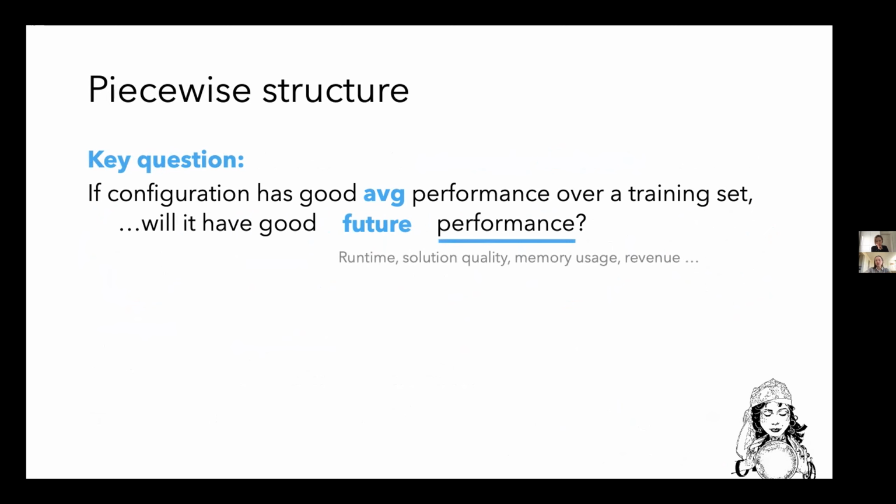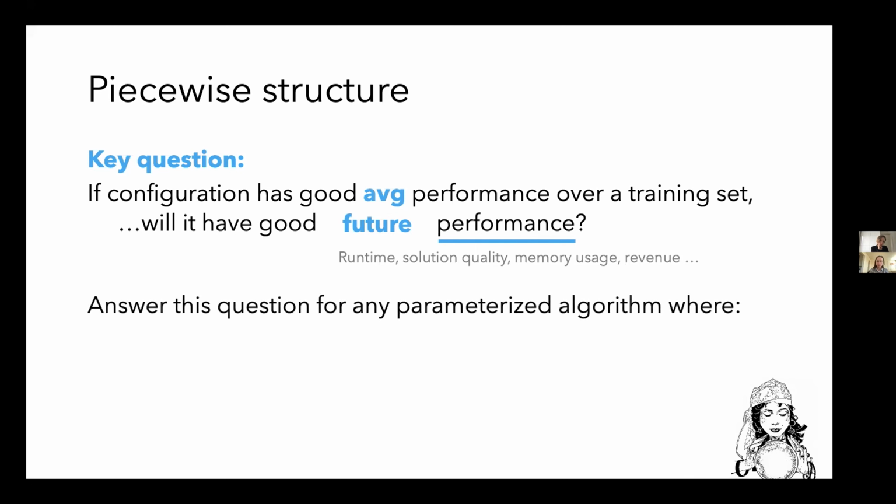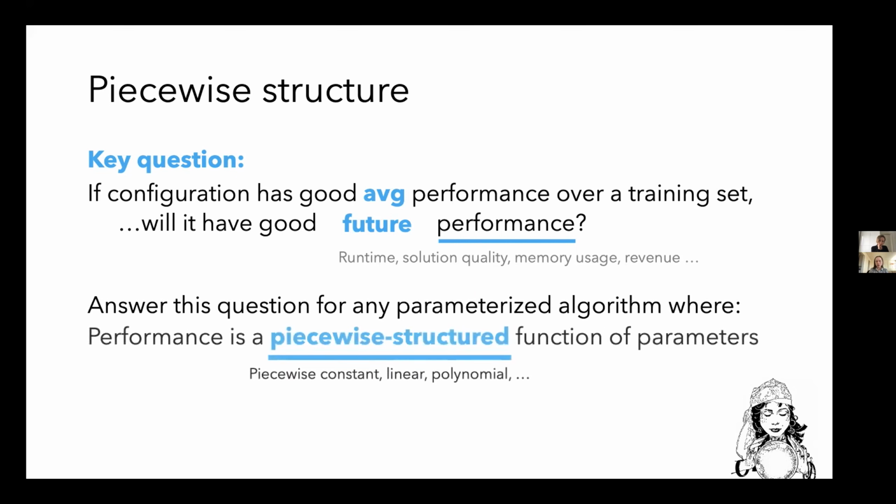In this very general model of algorithm configuration, performance can mean a lot of different things, like runtime, solution quality, memory usage, revenue in economic settings, and so on. And in this paper, we answer this question for any parameterized algorithm where its performance is a piecewise structured function of its parameters. So for example, it's piecewise constant, piecewise linear, piecewise polynomial, or piecewise something else.